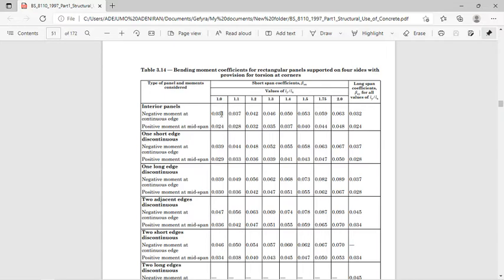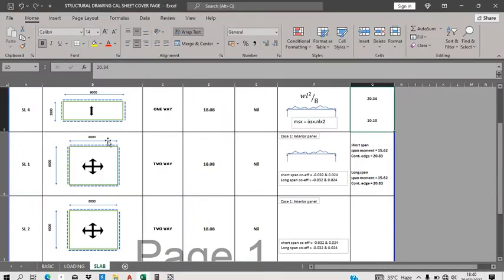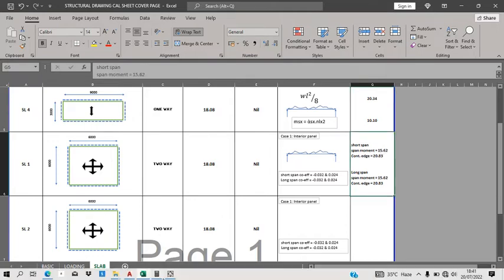The negative moment is also not very far from each other, 3.1, 3.2 in this case. So I settled for this, representing that since it is both 6 meters, I use the same coefficient, which is not very far from each other. So that's how I got the moment here.